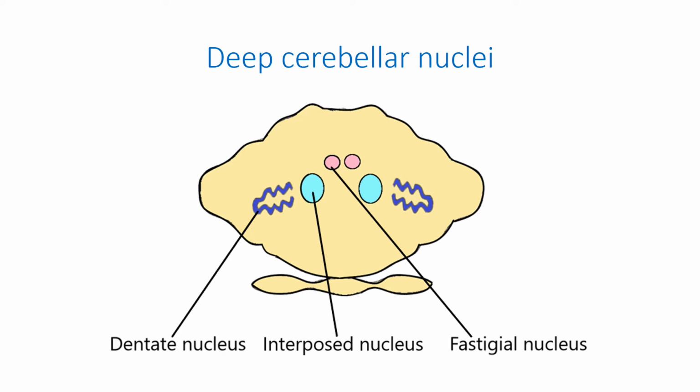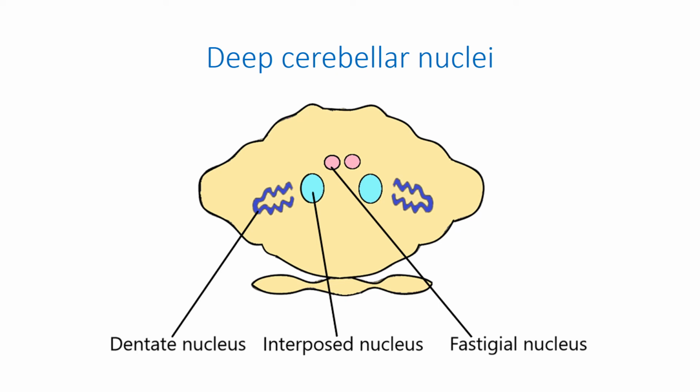Dentate nucleus is the nucleus of the cerebellar hemispheres and therefore receives Purkinje cell axons from lateral parts of hemispheres. Dentate nucleus also receives collaterals from mossy and climbing fibers and nerve fibers coming from the cerebral cortex via pontine nuclei.